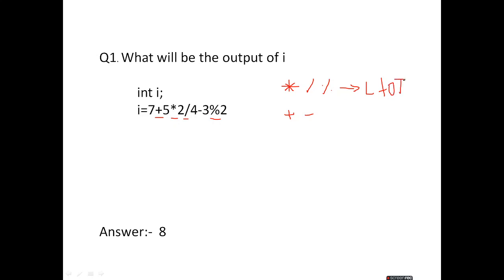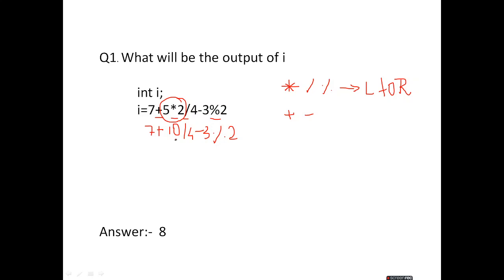Left to right. First of all we will evaluate 5 * 2, which is equal to 10. So 7 + 10 / 4 - 3 % 2.